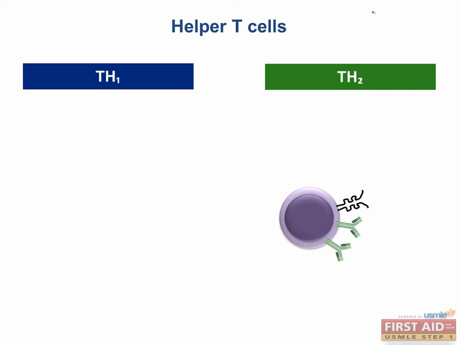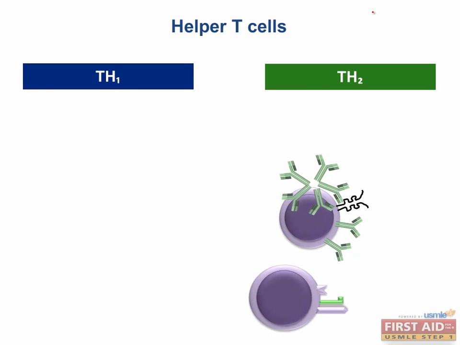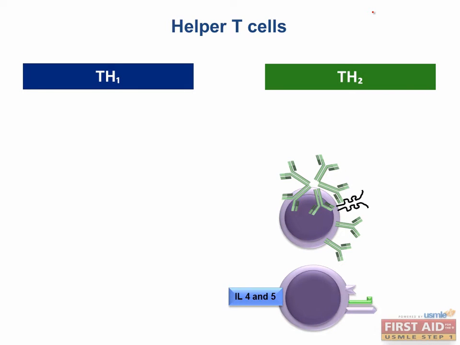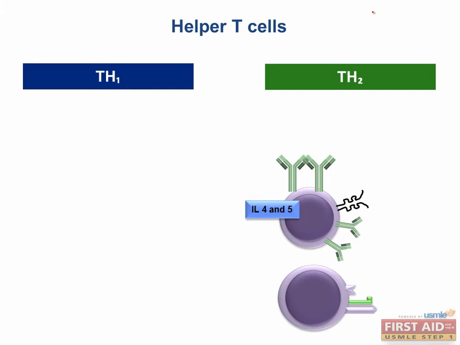Th2, we didn't cover in detail yet, but you have a great idea. So here's a B cell, and it's making IgM. And we just talked about that Th2 cells, they can stimulate B cells to make IgE instead of IgM, and there are specific interleukins, and those are actually interleukin 4 and 5 that will stimulate B cells to make IgE. So you just have to know interleukin 4 and 5 make IgE. And remember, actually, what was special about interleukin 4.